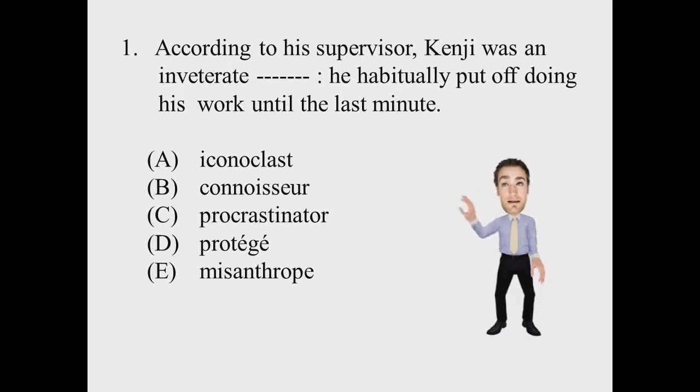Choice A was iconoclast. An iconoclast is a person who attacks traditional beliefs, traditional institutions. Iconoclast comes from two Greek words, ikonos meaning image and klastos meaning breaker.